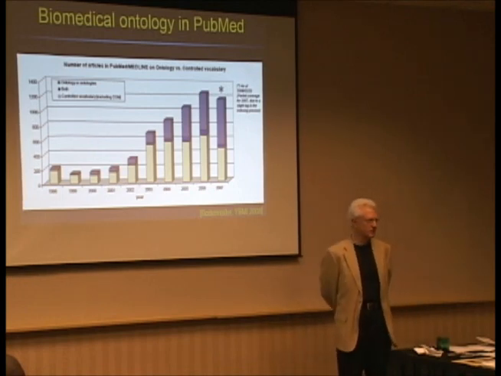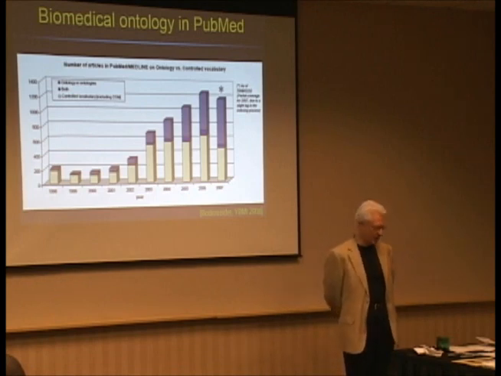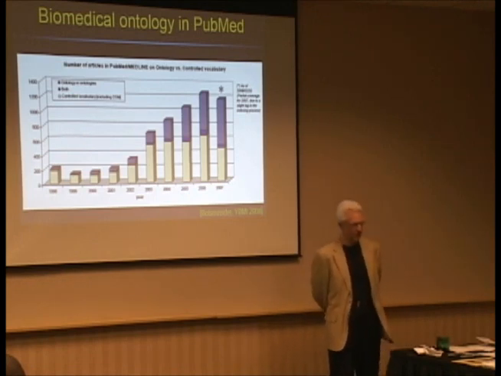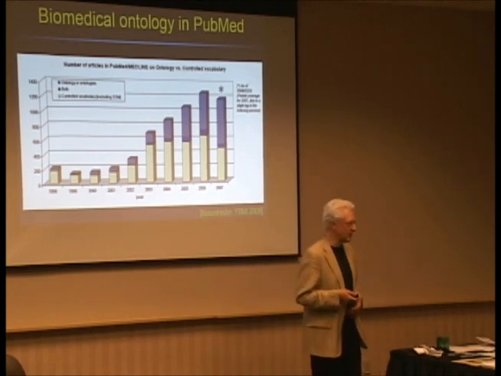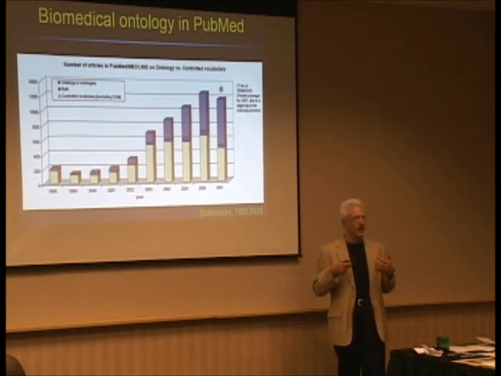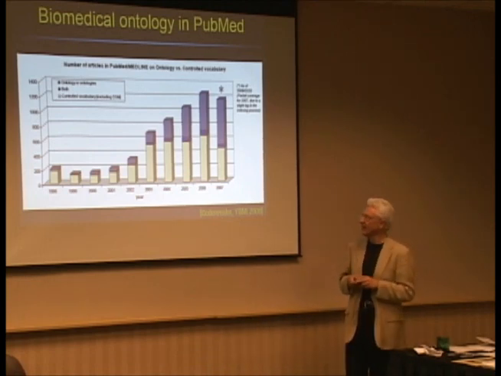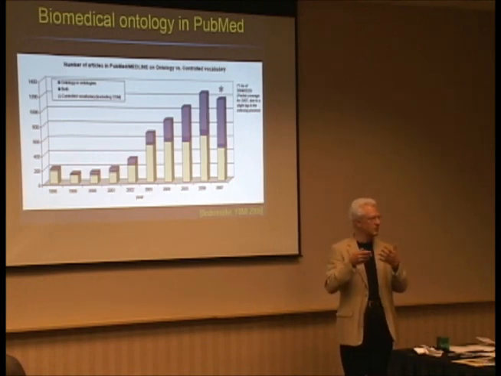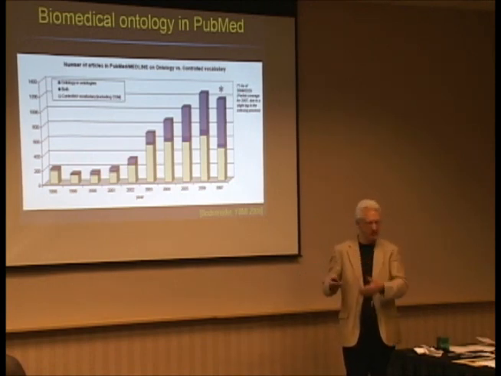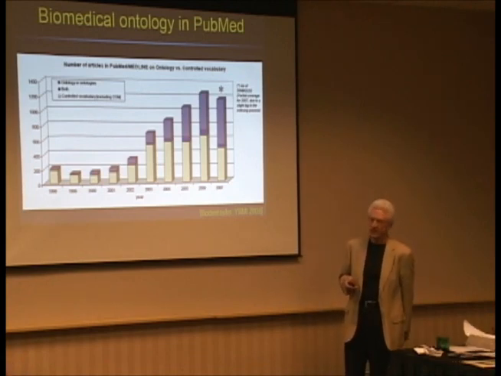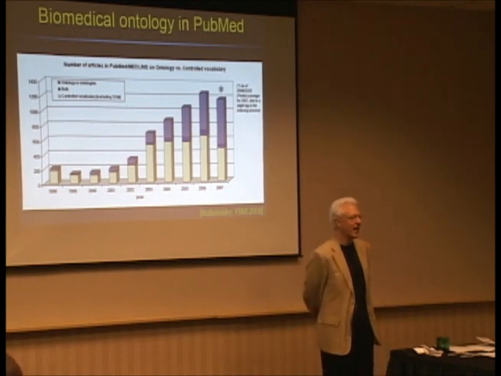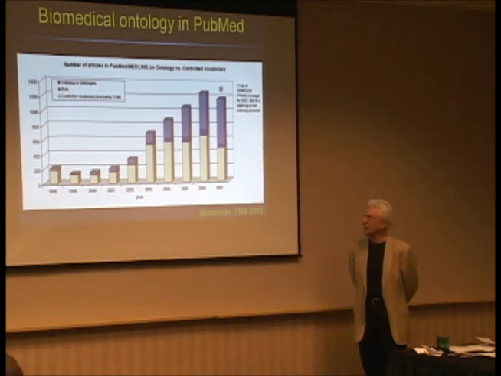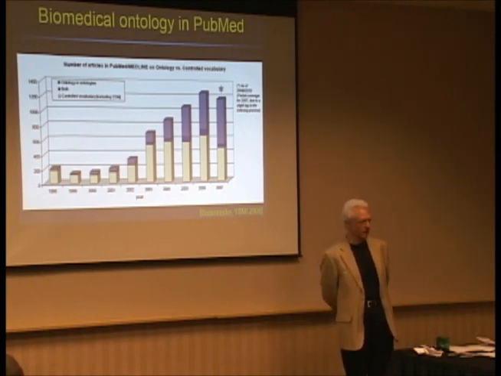One of the problems is that because of the success of ontology, more and more people are building ontologies, and most of these ontologies are useless because they've been built too quickly, they've been built on an ad hoc basis, they've been built by some local group without considering what other people are building, and very often they have repeated building ontologies which already exist somewhere else. And so part of my mission with the OBO Foundry, which Sivaram mentioned, is to try and bring an end to this process where people are reinventing ontologies every Tuesday.